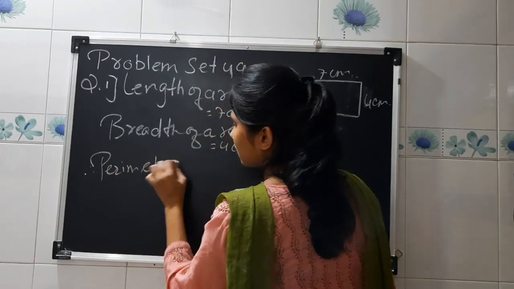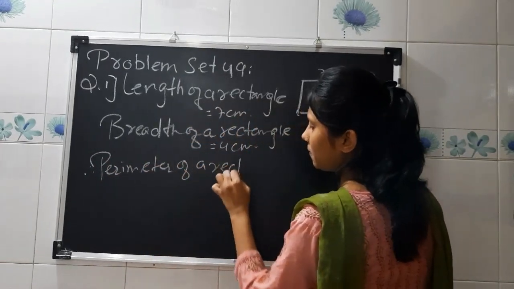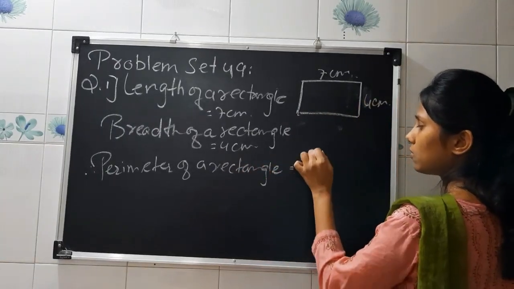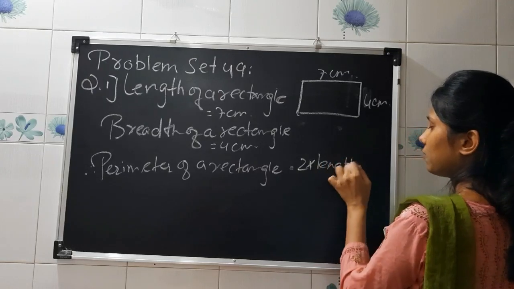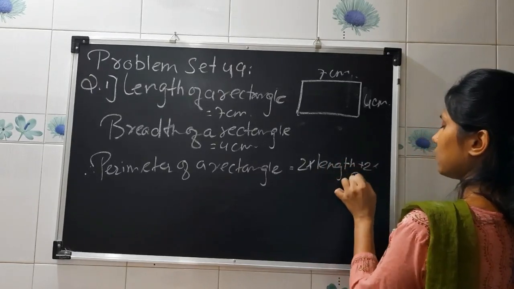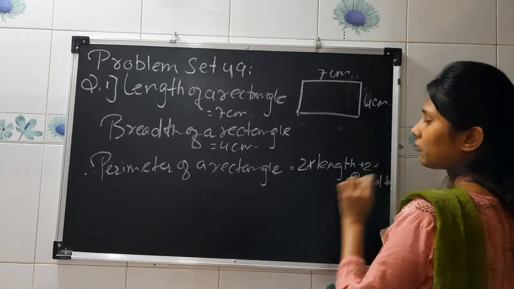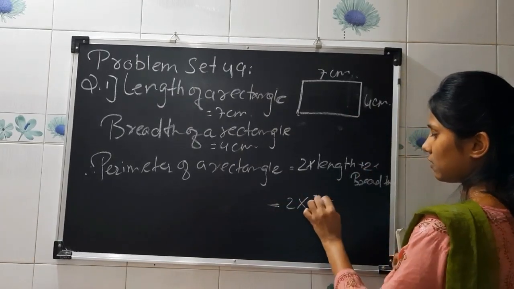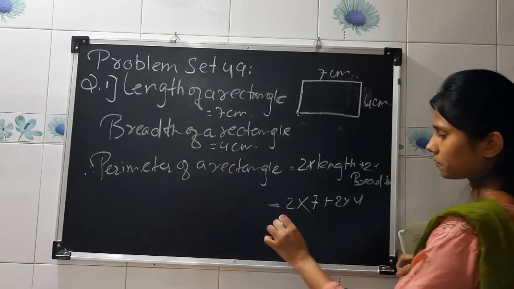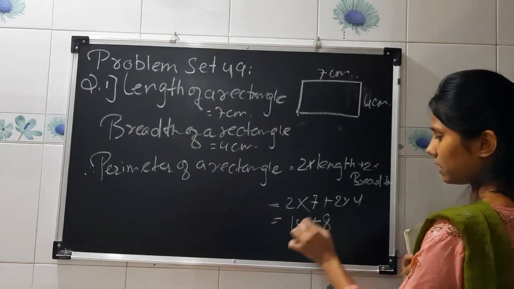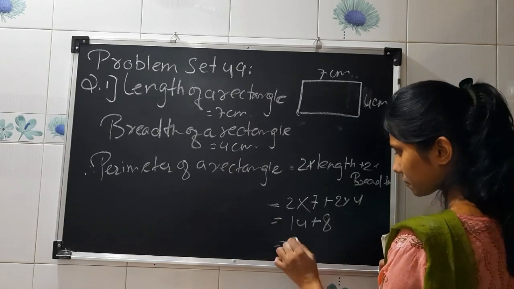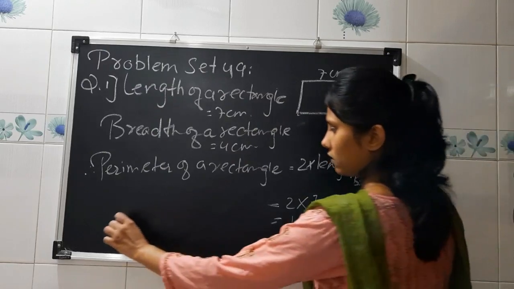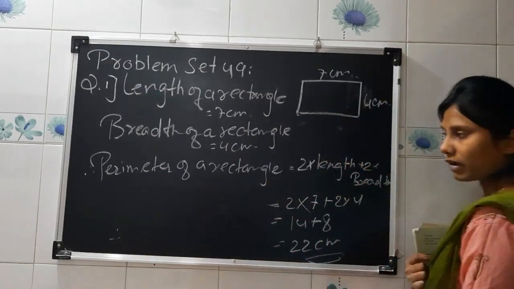So perimeter of a rectangle is equal to 2 into length plus 2 into breadth. Okay, this is your formula for finding perimeter. So that is 2 into length 7 plus 2 into breadth 4, 14 plus 8, 22 centimeters. So we got the perimeter of 22 centimeters.